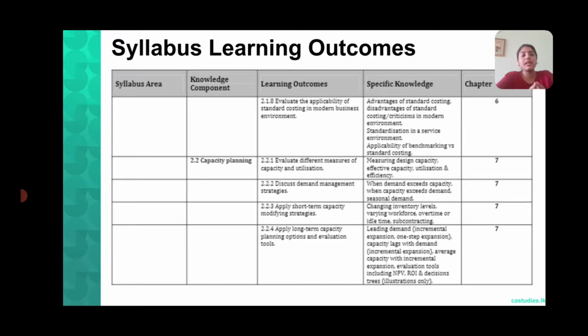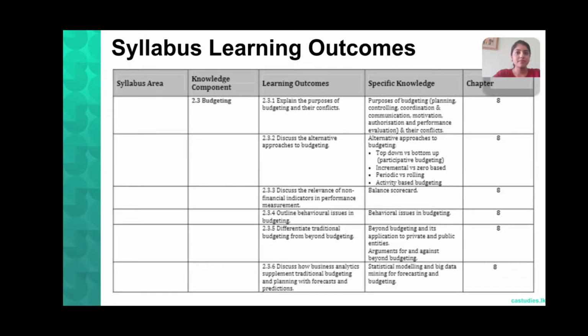When it comes to applying, they assess your short-term capacity application and long-term capacity planning application. So how you use the concepts discussed in chapter 7 in order to apply to the scenario and express your views. Alright, let's move on to the next.